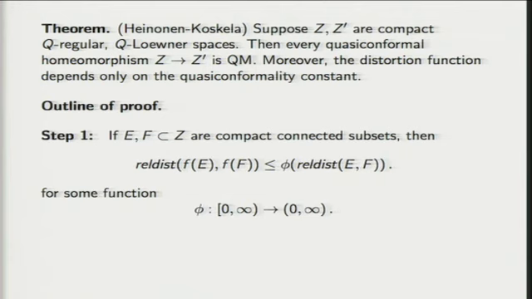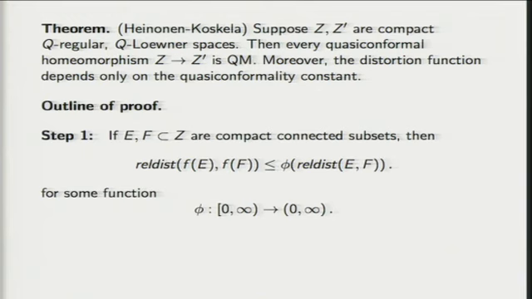On the other hand, if the images had large relative distance, then the modulus in the target would be small, by the upper bound for modulus. And then using the quasi-conformality, you can pull back the admissible function from the target. That's an extremely vague sketch, but that's the spirit of the argument.